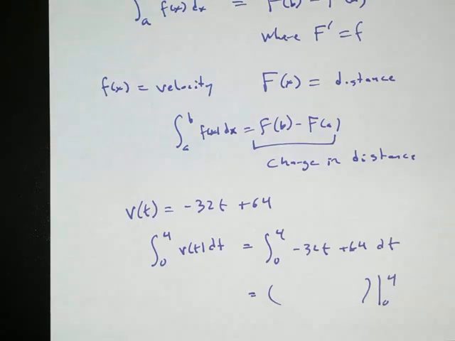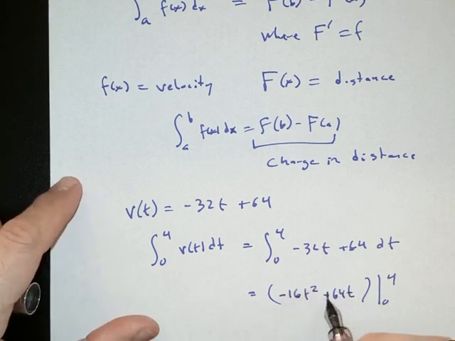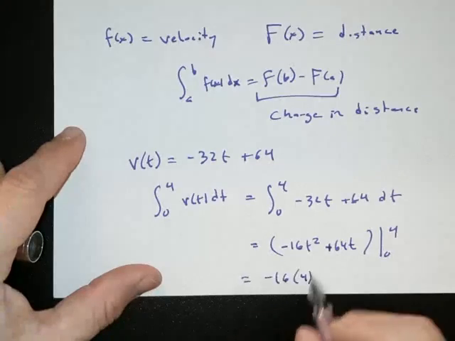What's my antiderivative? t squared plus 64t. Okay. When I put in 4, 16.